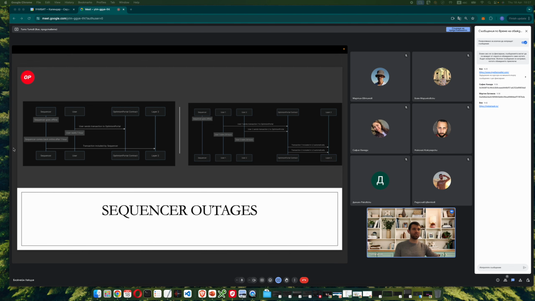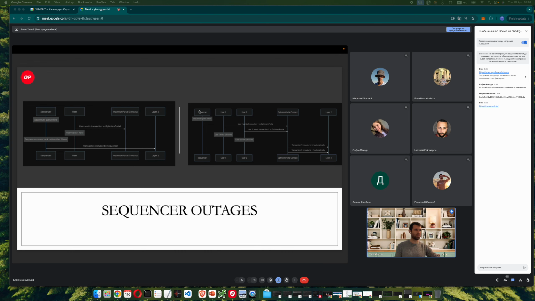But in that case, the sequencer comes back after, let's say, 1 hour. It takes all the transactions from the Optimism portal, and then the transactions are automatically included in the sequencer and therefore in layer 2. So you can see that the system is still robust and decentralized enough that even if the sequencer is not working, and even though we have only one sequencer, the system can operate.